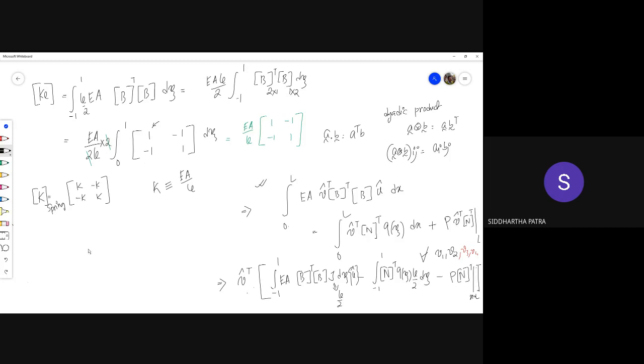Which means if the change in length is del U, then you divide that by LE, that gives you strain. Multiply that by Young's modulus, that gives you stress. Multiply with the area, gives you the force. It will tell you how much force is involved.